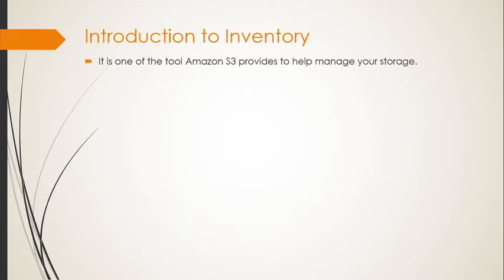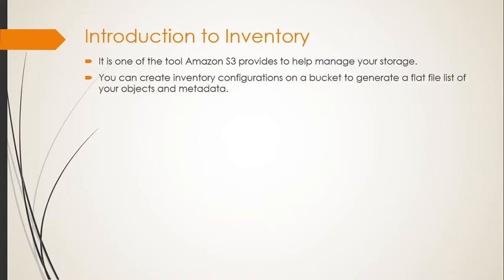Inventory is one of the tools from Amazon S3 to help you manage your storage. You can create inventory configurations on a bucket to generate a flat file list of your objects and metadata. So what is inventory?